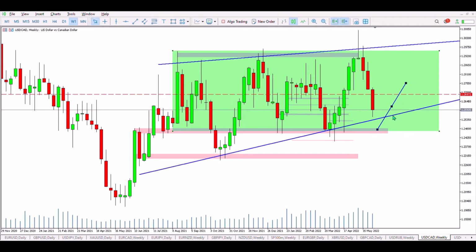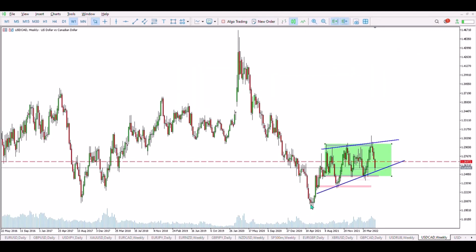So with this support we may expect some strong pullback, and as you can see we have a little bit of an uptrend here, so it would be interesting. Also have in mind, guys, that this wedge pattern in blue is usually a continuation pattern, so after some time we can see some strong move to the downside as well, especially if we break out from this consolidation zone.